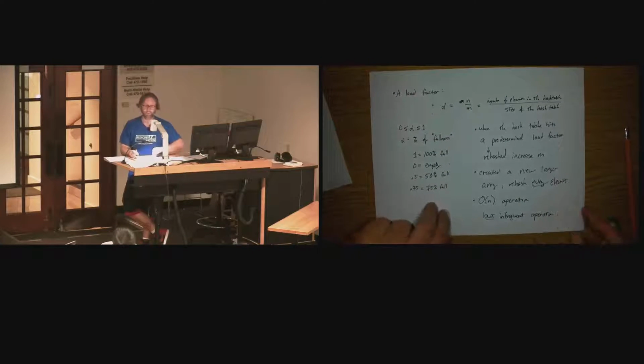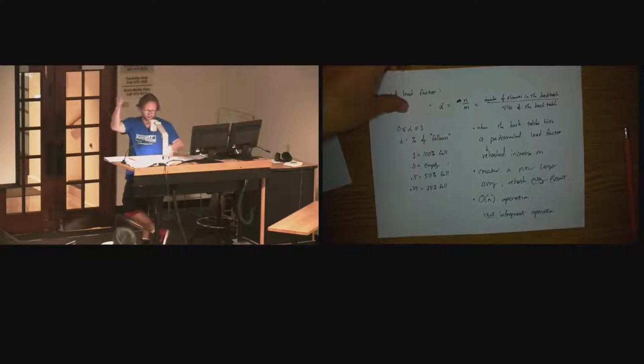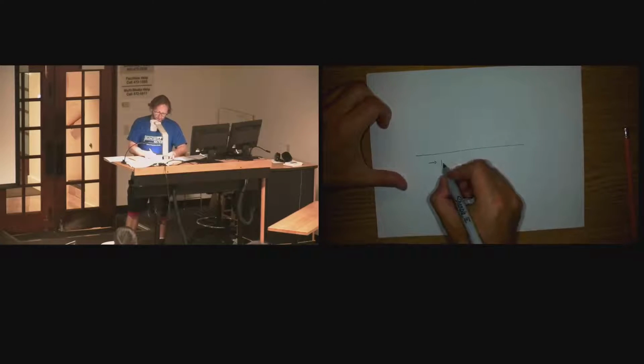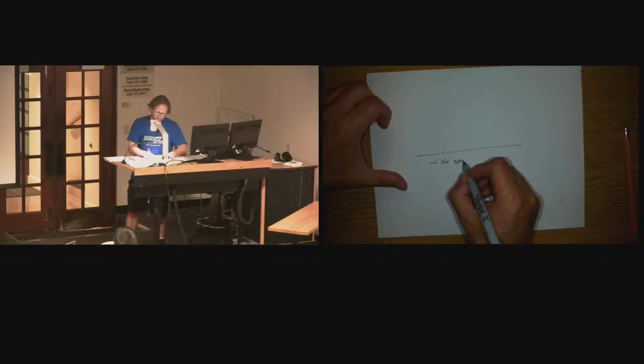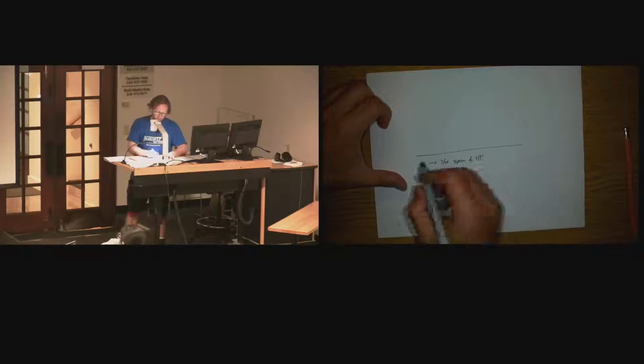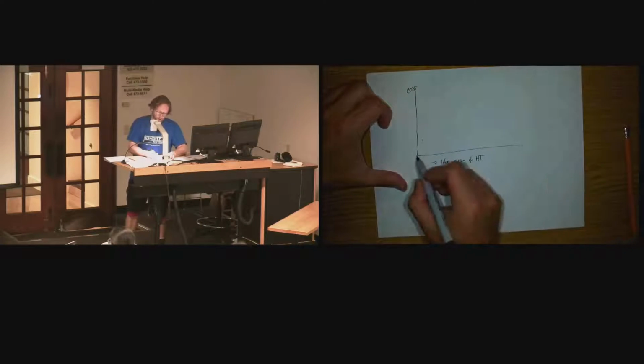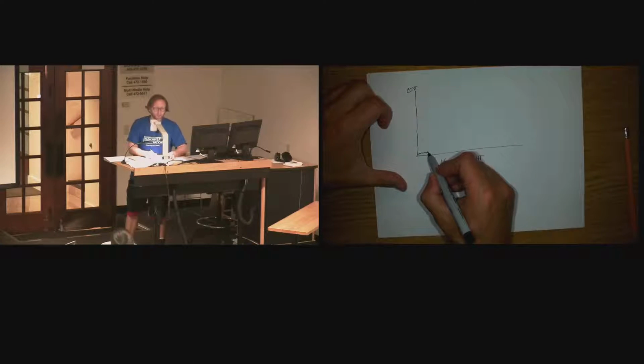And like I said before, with my hand graph in the air, it would look something like this. If this is the lifespan of the hash table, right, and this is the cost, the cost is very, very small until it starts to get full, right?